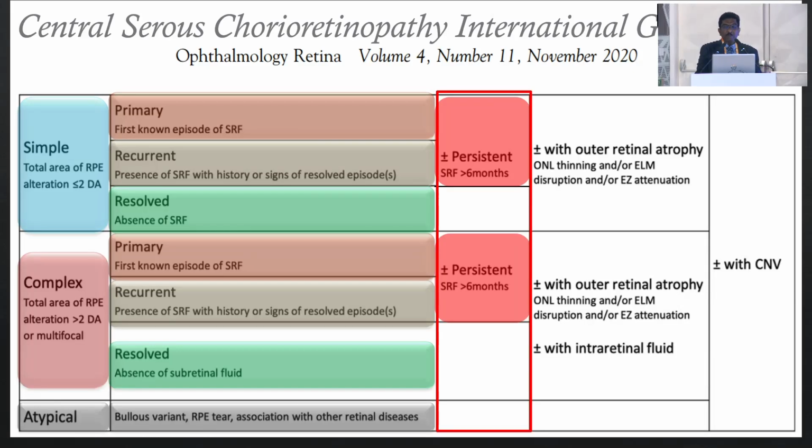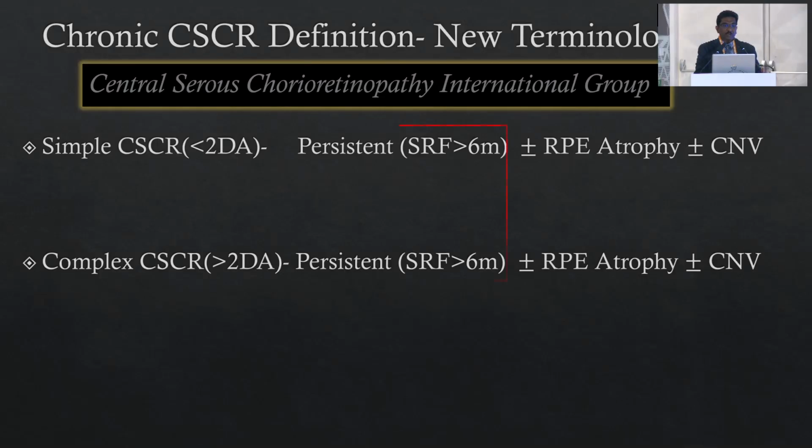All of them can be associated with RPE atrophy or with a CNVM. So this is the current classification to maintain uniformity across all sectors, all studies. They have proposed this classification, and probably we may have to use this classification going forward, which means to say that persistent is the one which would be termed as a chronic CSR. So this is how it will be.